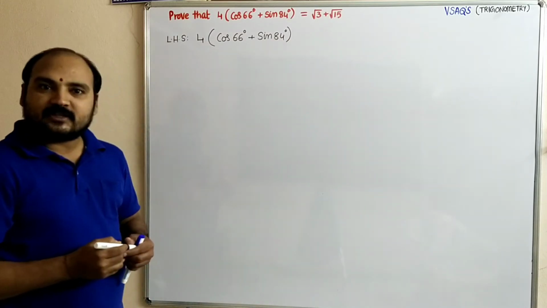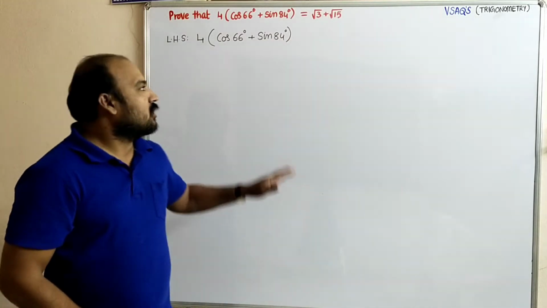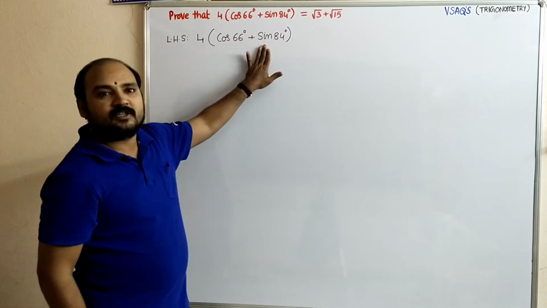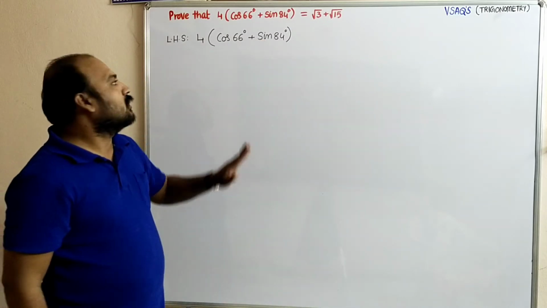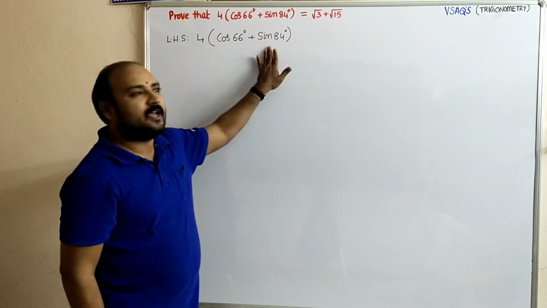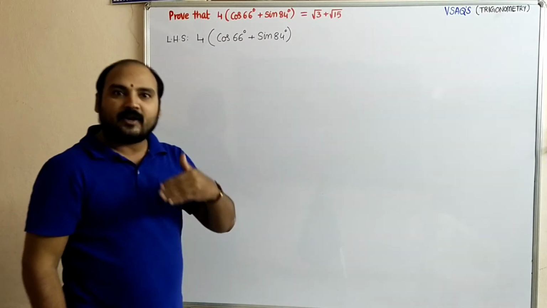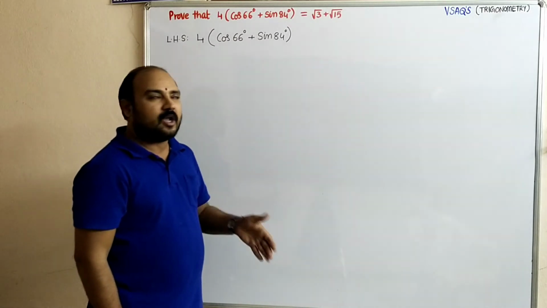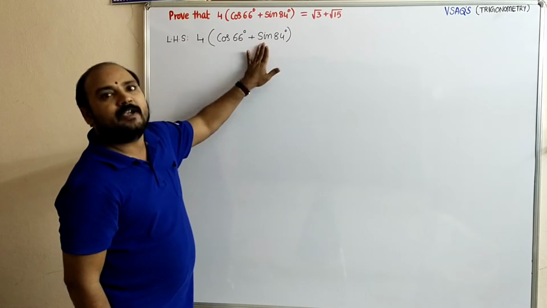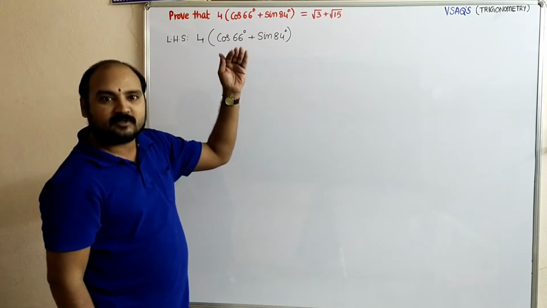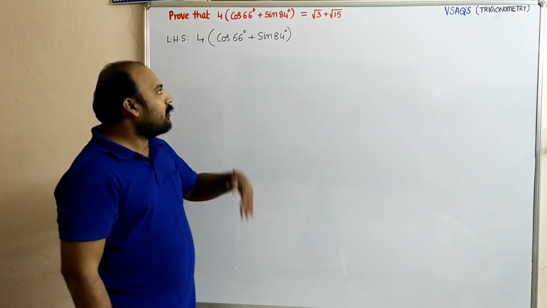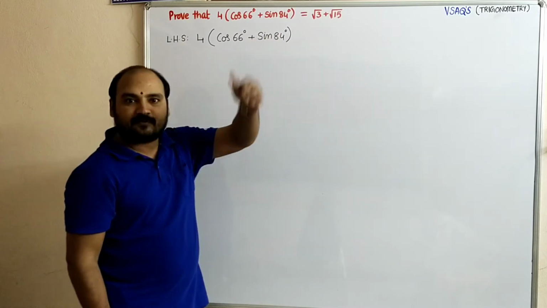To apply the transformation formulas, both the trigonometric functions should be in the same category. So here cos function is there, here sin function is there. So to apply transformations, we need to convert either sin in terms of cos or cos in terms of sin. Now I am converting sin in terms of cos.